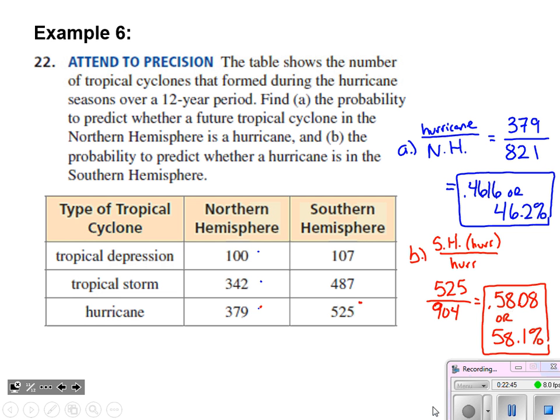And I hope you take a second to try and see how the numbers we chose relate to the table and what they were asking us for. The probability to predict whether a hurricane is in the southern hemisphere. Okay, so what's the probability given a hurricane that it's in the southern hemisphere? So there's a lot going on there, and I encourage you to really make a conscious effort in figuring out why we chose the numbers that we did to represent these probabilities.